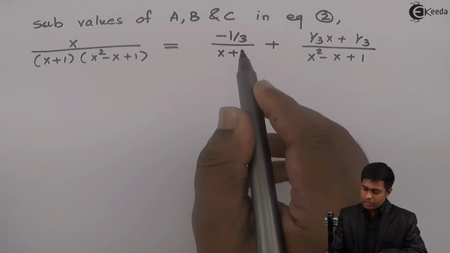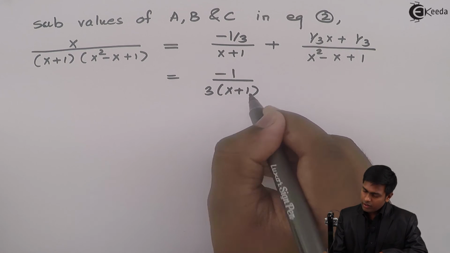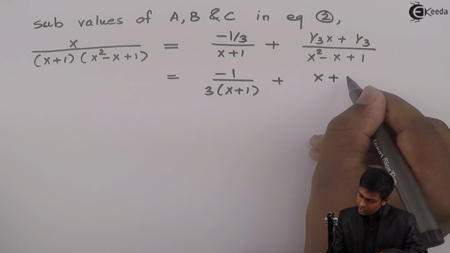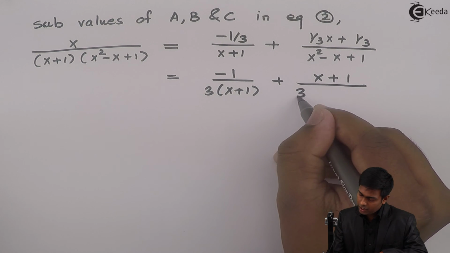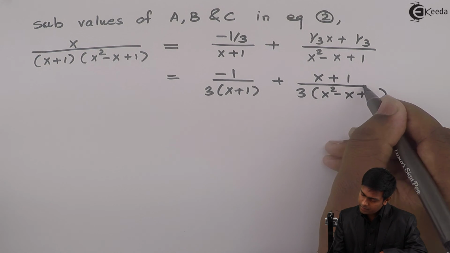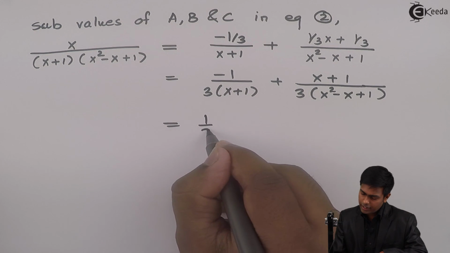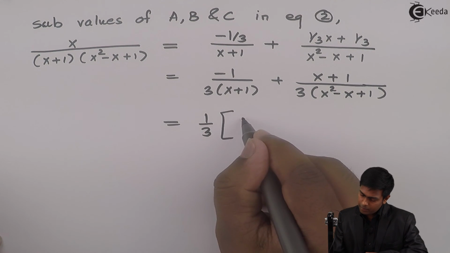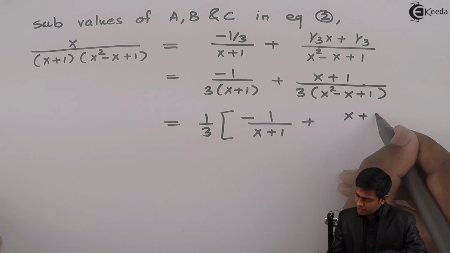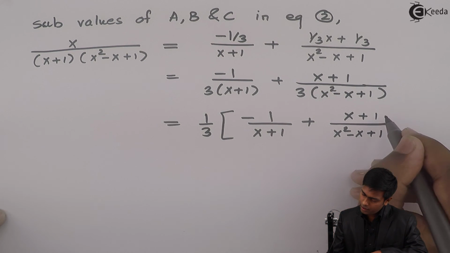Now this will become minus 1 by 3 into x plus 1. Here we can take 1 by 3 common, so that will become x plus 1 as it is, and 3 will come here. So x square minus x plus 1, and from these two terms we can take 1 by 3 common. So 1 by 3 outside, in the bracket we will get minus 1 upon x plus 1 plus x plus 1 upon x square minus x plus 1.